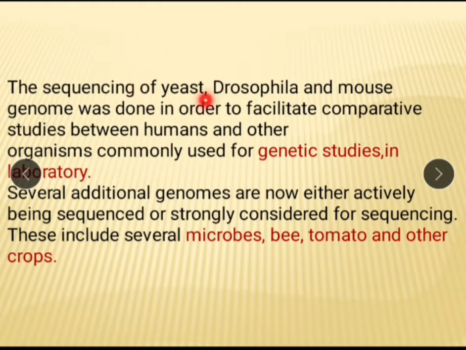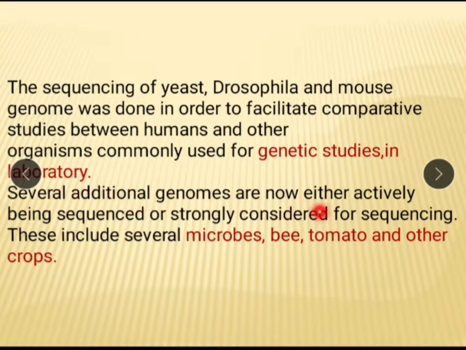Then yeast, Saccharomyces cerevisiae, is a unicellular fungus, and mouse is closest to man. So, to compare the genome of humans with all these organisms, the genomes of these organisms were studied.